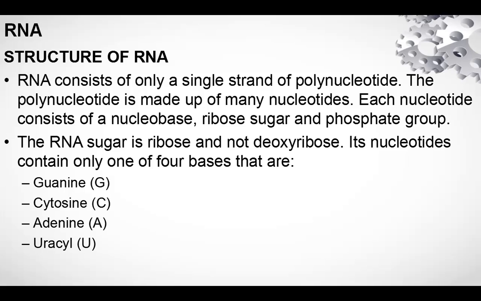Now, RNA sugar is ribose and not deoxyribose. The nucleotides contain only one of the four bases that are guanine, cytosine, adenine, and uracil. So basically, those are the bases in the RNA.